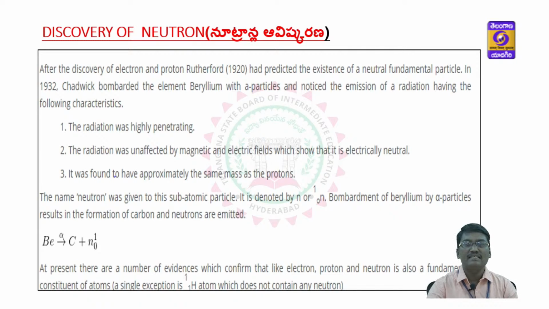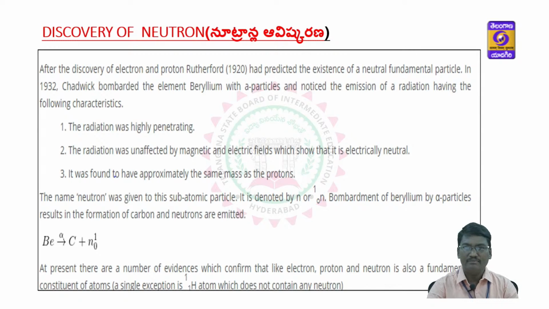So at present, there are a number of evidences which confirm that, like electron and proton, the neutron is also a fundamental constituent of the atom. Except for hydrogen, which has no neutrons, all the atoms of the elements contain the fundamental particles: electrons, protons and neutrons.